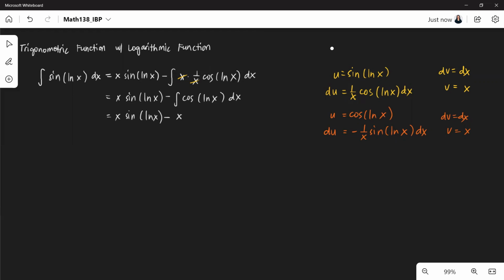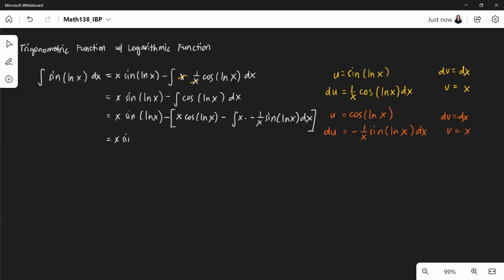Take note, we have u times v minus the integral of v du. The integral of this is composed of two terms, so make sure to put a parenthesis. So x times cosine of ln x, then minus the integral of v du. That would be x times negative 1 over x sine of ln of x dx, close parenthesis.